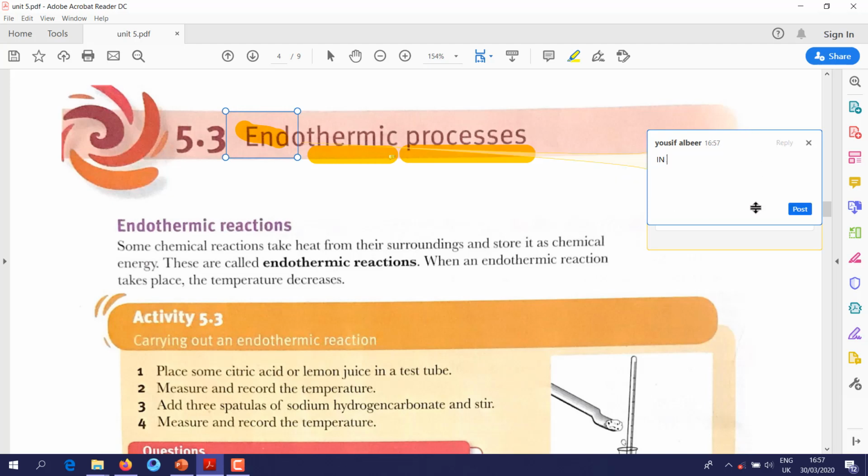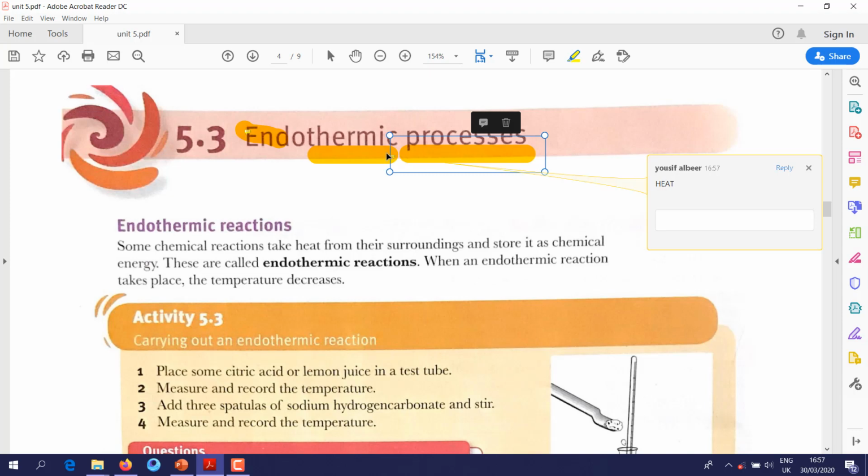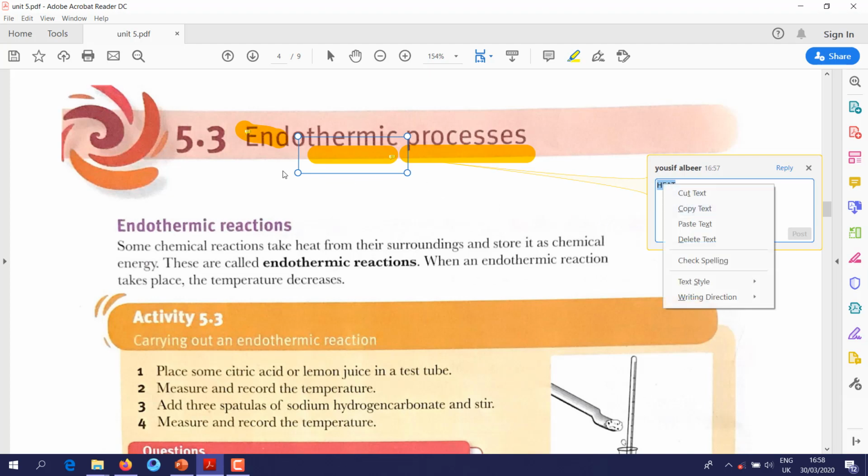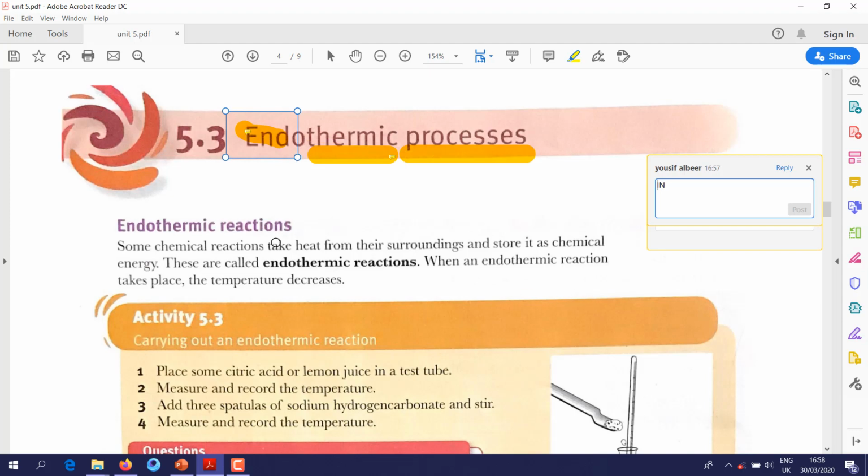So what do we have here? We have a process of taking heat inside. Now endothermic reaction: some chemical reactions take heat from their surroundings and store it as chemical energy.